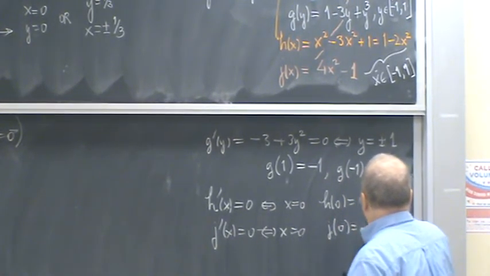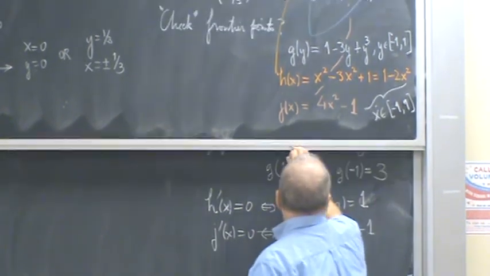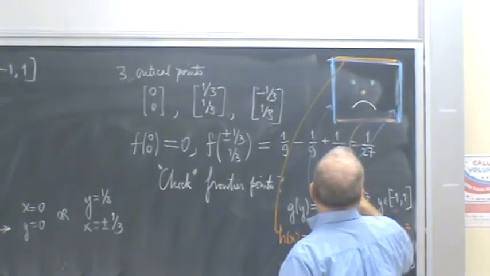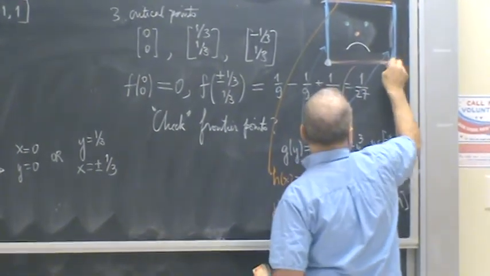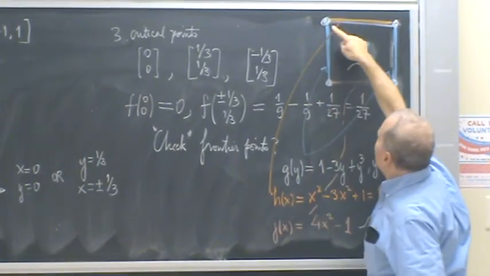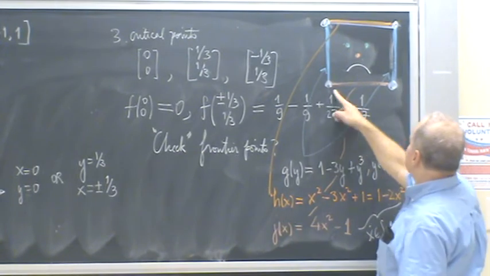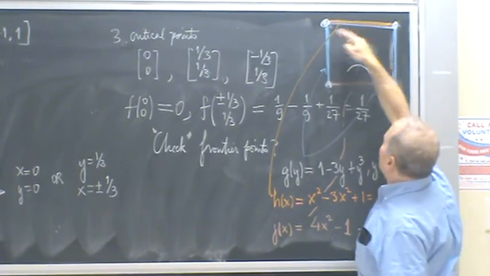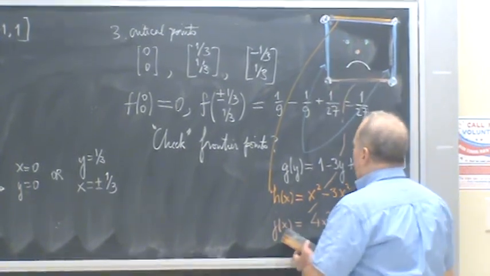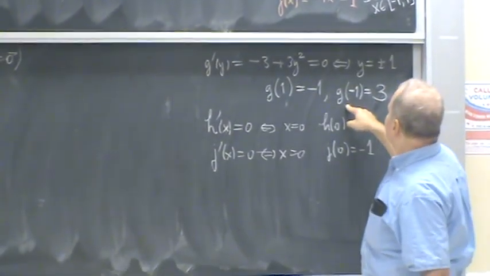Wait, yes, but I have to look at endpoints. Yeah, endpoints are crucial. Well, wait a minute, I've already got those endpoints, because they were showing up as the endpoints of those intervals, so I don't have to do these endpoints because they've already appeared there. So we already did that, right? That's a critical strategy for you.